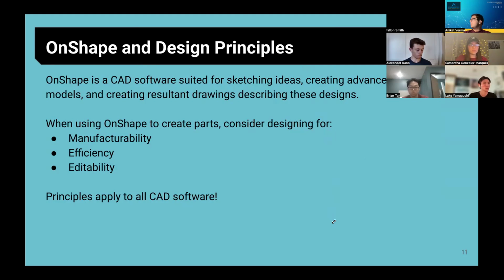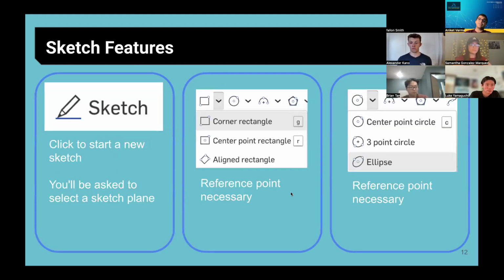If I'm building a complex assembly and I need to manufacture that part, that should always be kept in mind. How do I actually create that part? The second thing is efficiency, and the last thing is editability. Keep those three things in mind so that you can create good designs, and so that the things you design actually work the way you want them to. These principles apply to all different CAD software.